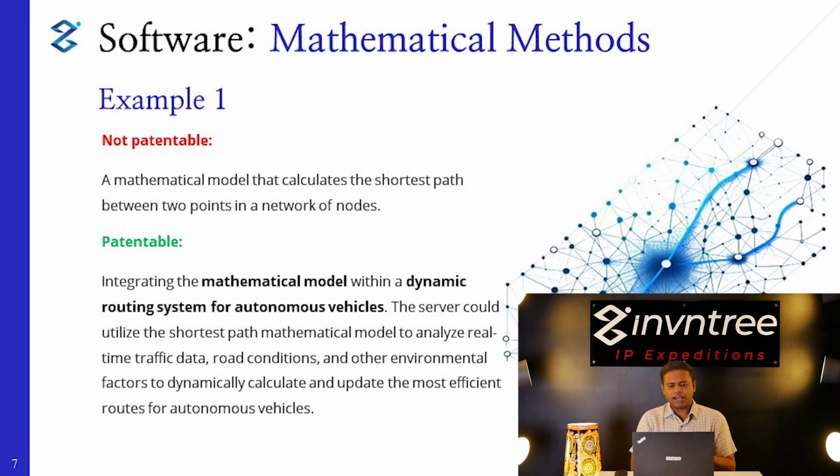Now let's suppose we have built a backend system which can implement this mathematical model, and given the input of two places, the starting point and the destination, this mathematical model can be used to figure out the ideal route that this vehicle needs to take to reach from point 1 to point 2, and this system enables the autonomous vehicle to do that navigation.